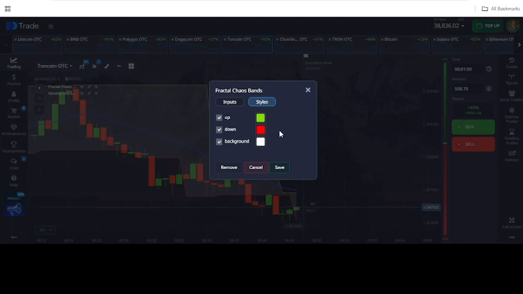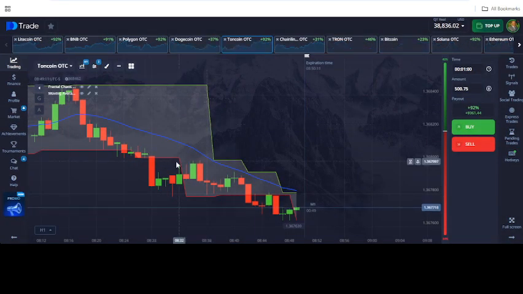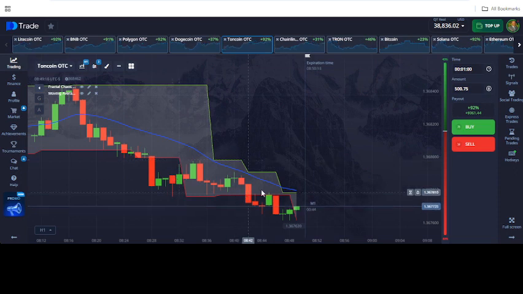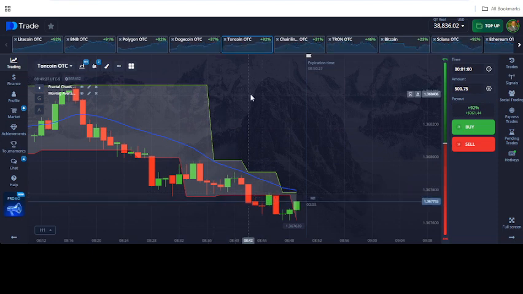And in my style settings, I've changed the background to white. The reason why I did that is you can see the chaos band lines a little bit easier. The green band line represents a dynamic level of resistance, while the red line represents a dynamic level of support.